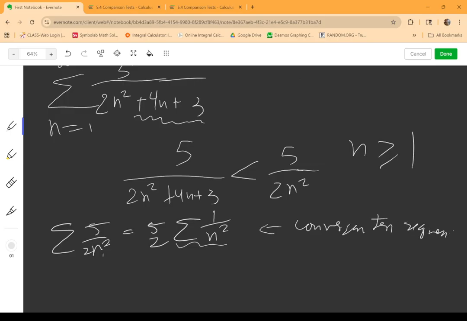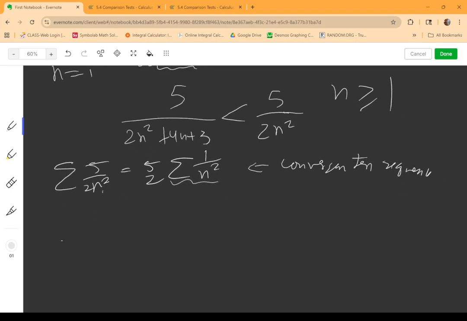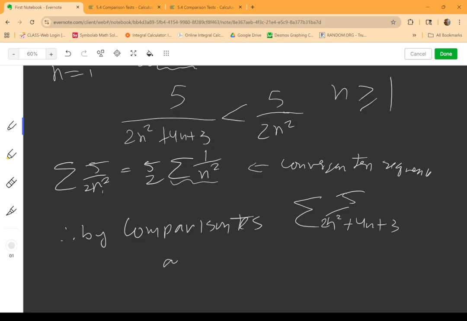And since the terms of our series are smaller than the terms of a convergent one, then by the comparison test, the sum of 5 over 2n squared plus 4n plus 3 also converges.